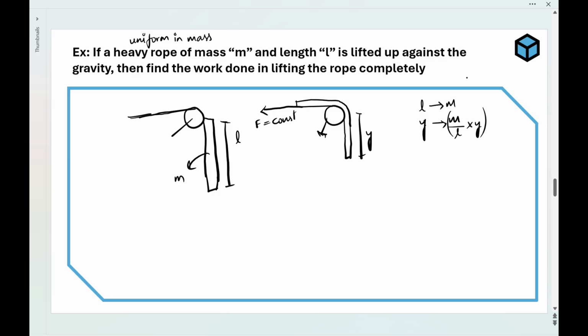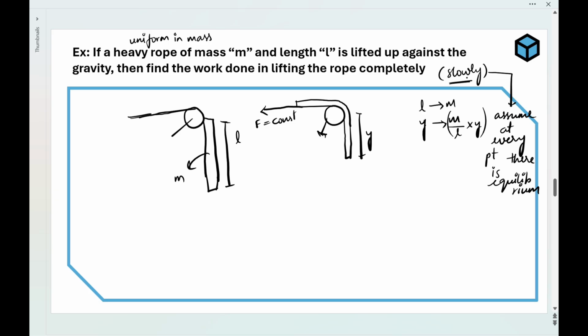There is also another condition in this question, that the rope is lifted slowly. It is important because when they say the rope is lifted slowly, we can assume that at every point there is equilibrium. I hope you understand.